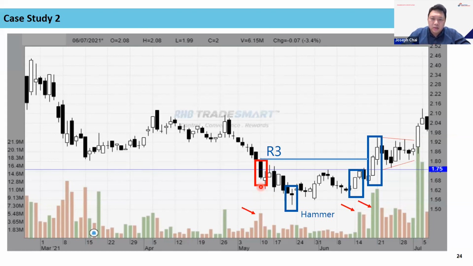So this is the topic tonight that I want to share with you. Look for the bearish candlestick with high volume. You start to look for your R1 and R2. And when the market starts to round at the bottom and then turn up, that's where you can go in with the R3. I hope all the signals that I share with you so far are clear, yeah?